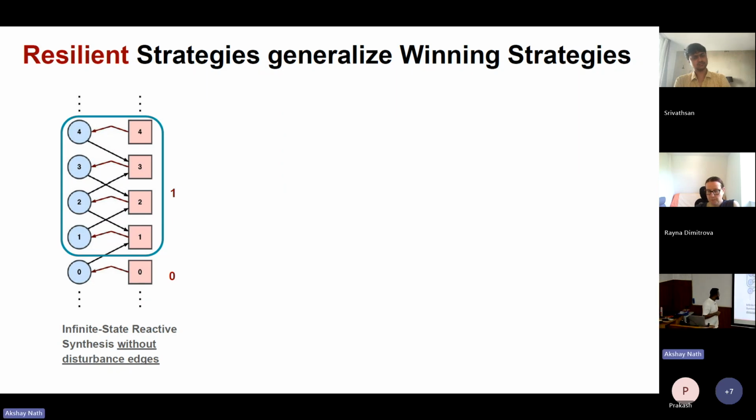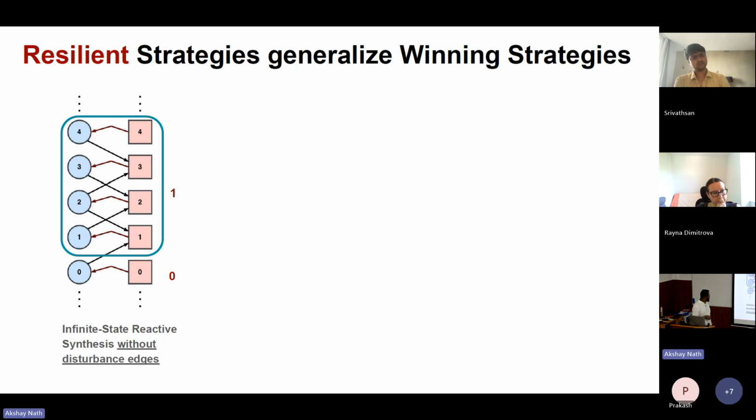Since this winning region can win without any disturbances, intuitively from every state S in this winning region, you have a 1 resilient strategy, right? And you know for sure that each of these states have resilience at least 1, because it can tolerate at most 0 disturbances and still win the game.